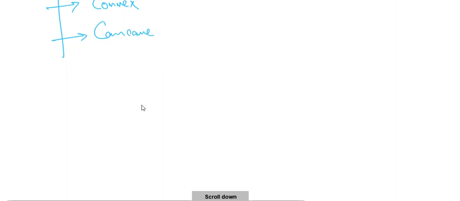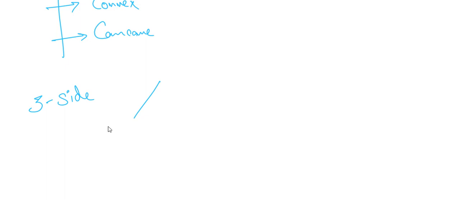And a polygon can start with three sides. I cannot have a polygon with two sides or fewer, since I cannot draw a closed figure using two lines. So I require at least three sides to call it a polygon.